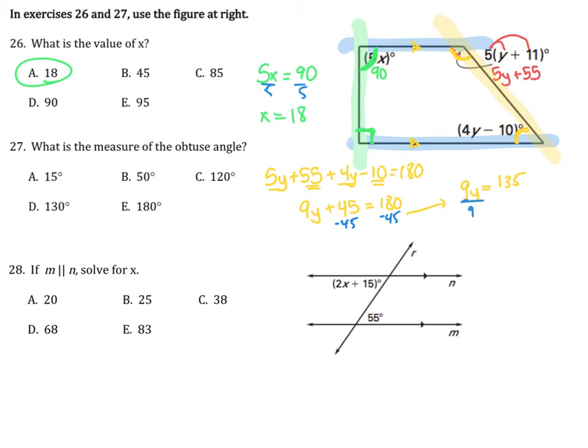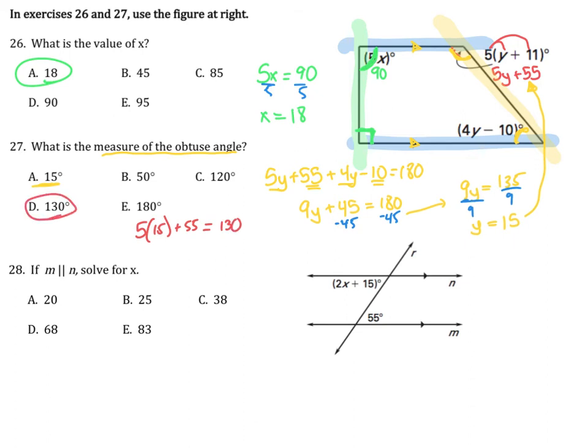Now we divide by 9 on both sides, and y is equal to 15. Now be careful, it asks for the measure of the angle, so it doesn't just ask for what y equals. So I need to plug 15 back into that equation: 5 multiplied by 15 plus 55, and that will equal 130 degrees. D.